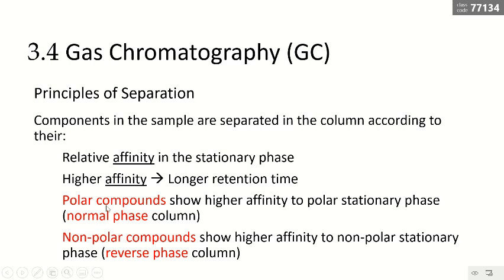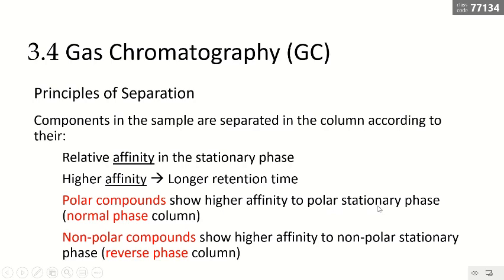It means the polar compounds will definitely show stronger or higher affinity, a stronger interaction with the phase. They like to stick to each other. They don't want to be separated. That's why polar compounds will stay inside the polar stationary phase for a longer time.